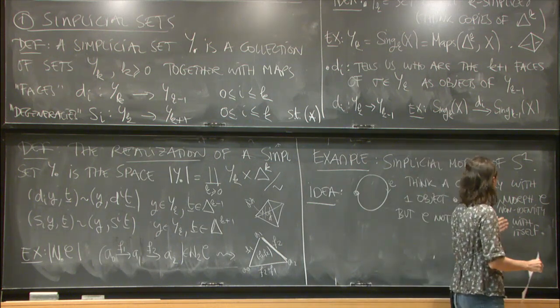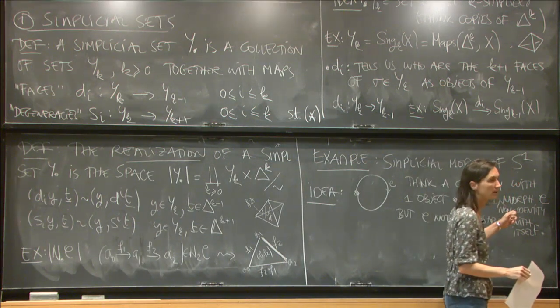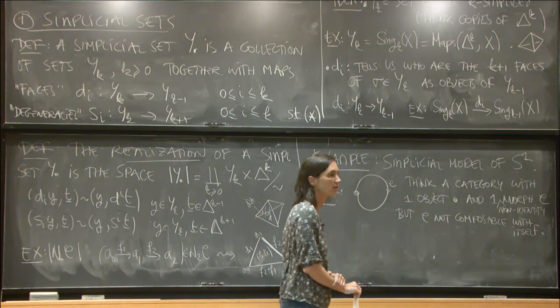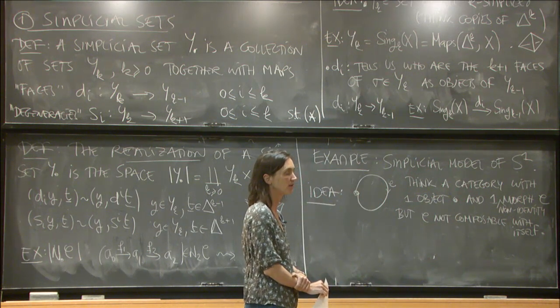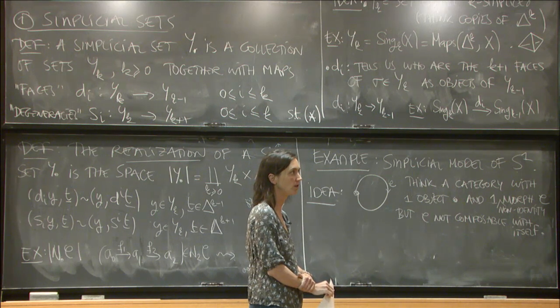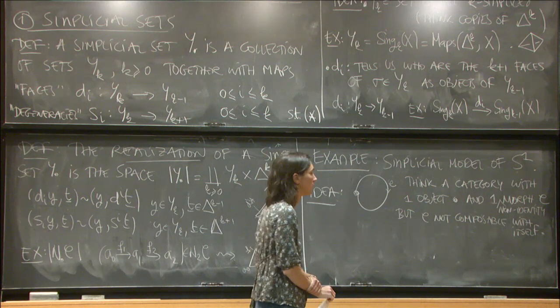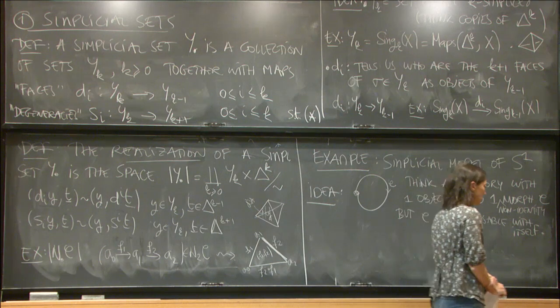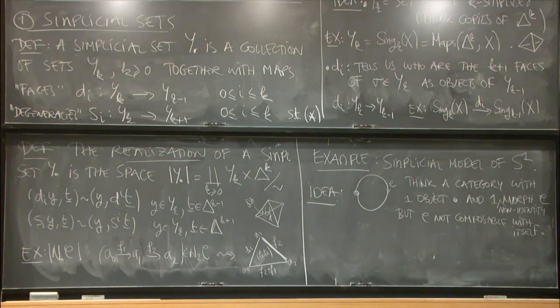Or can we just say E squared is somehow equal to identity? Like define that relation? E composed with E is equal to identity. Say that it is, no, because then you would have to write E composed with E in your simplicial set, right?